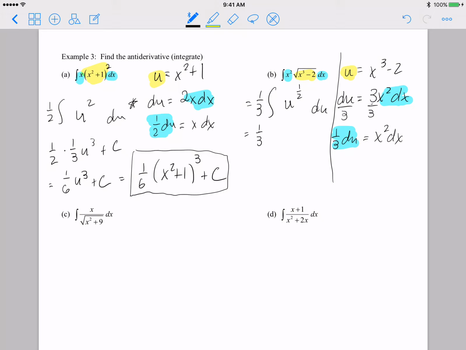So that's going to be 1/3 multiplied by 2/3 u to the 3/2 plus c. And then the final thing is to get the constant cleaned up and then resubstitute back in what u was equal to. So that's going to say 2/9 multiplied by (x cubed minus 2) to the 3/2 plus c. And that will be our final answer for example B there.